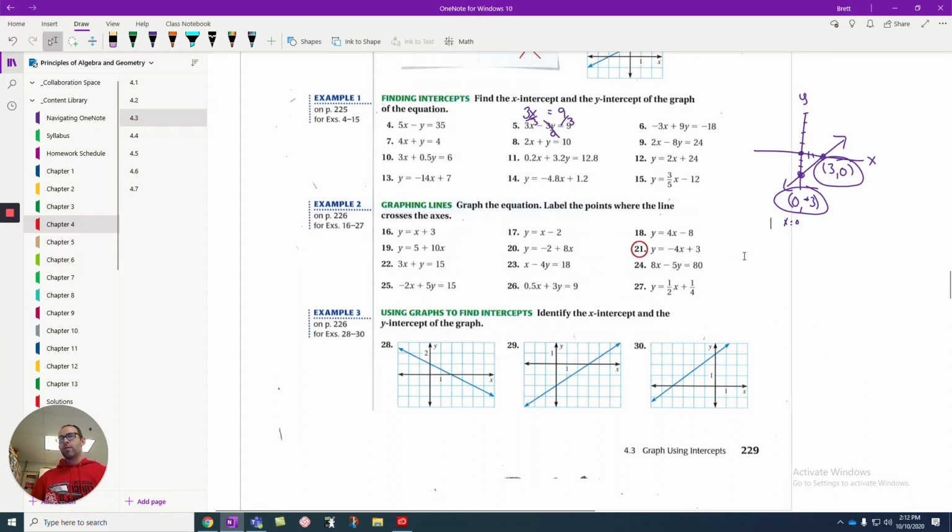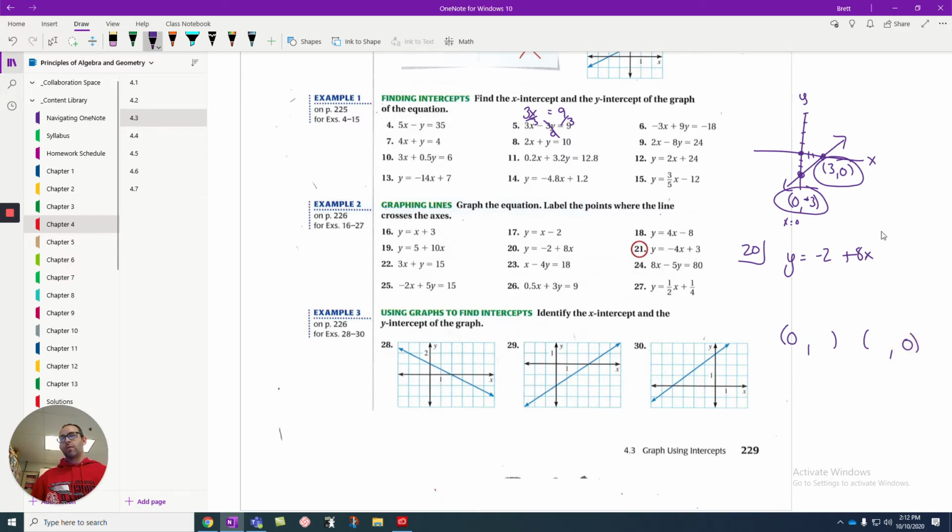Let's take a look at number 20 as a quick example. Number 20 has y equals negative 2 plus 8x. And we want to solve this equation when x is 0 and when y is 0. So I'm going to come down here to my answer, and I'm going to put it like this. One time I'm going to let x be 0, and one time I'm going to let y be 0.